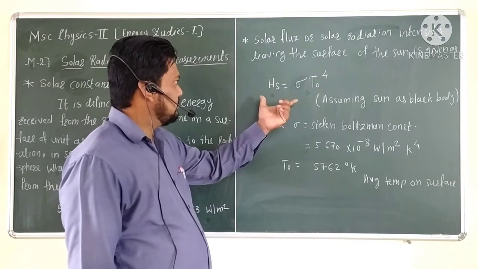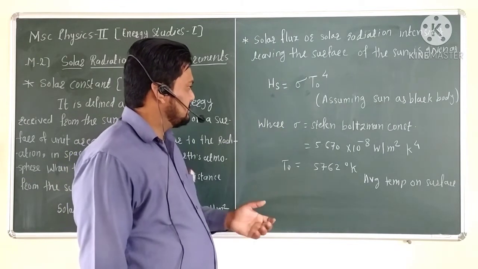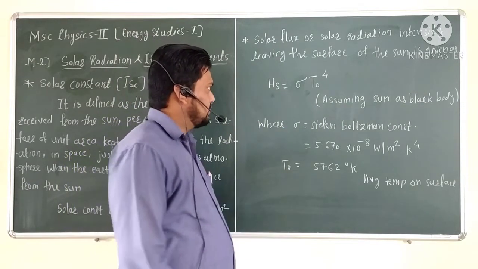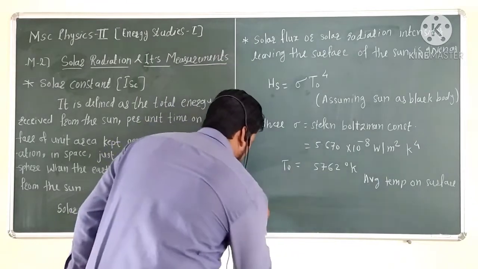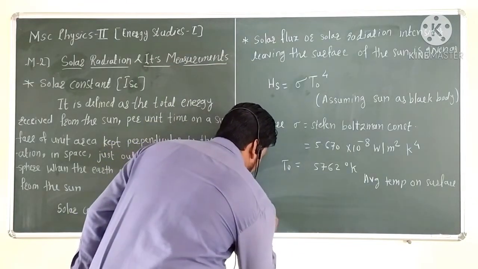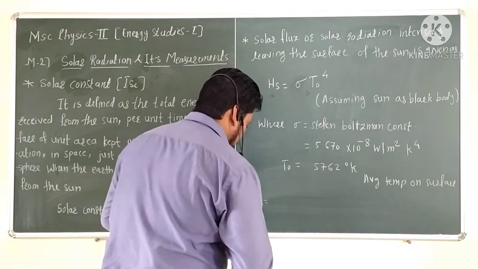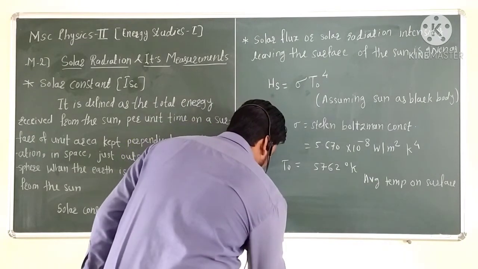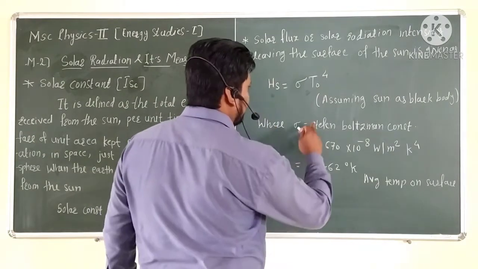And if we want to calculate this value Hs, we multiply these values and do the calculation. So Hs is considered as the sigma value already given here. So what is the value?